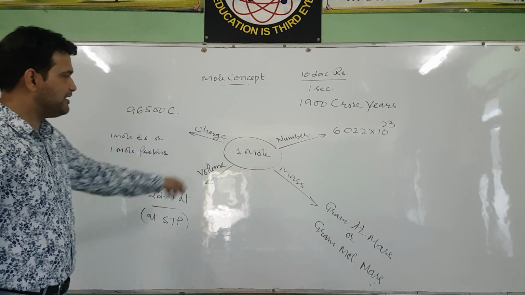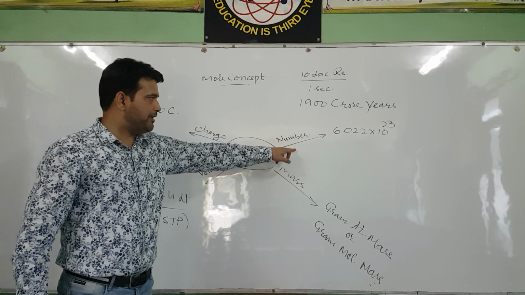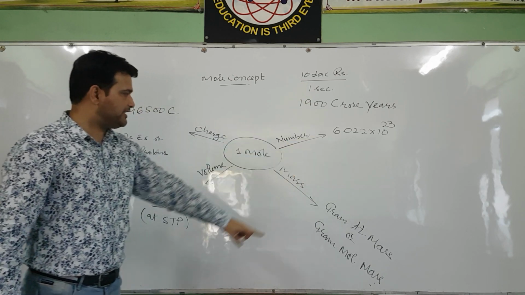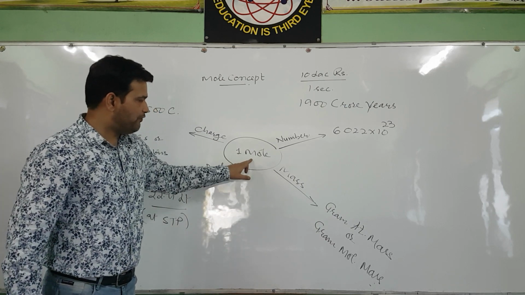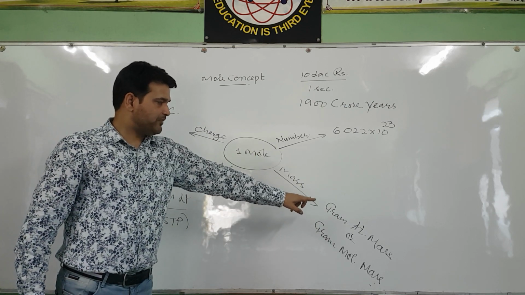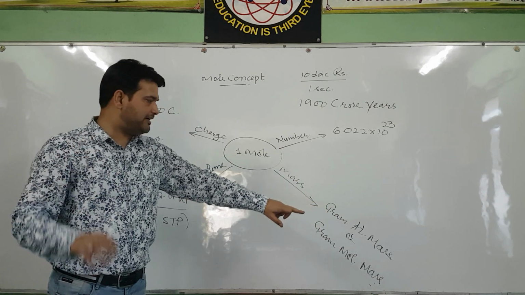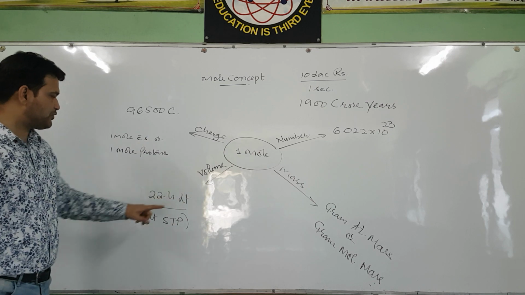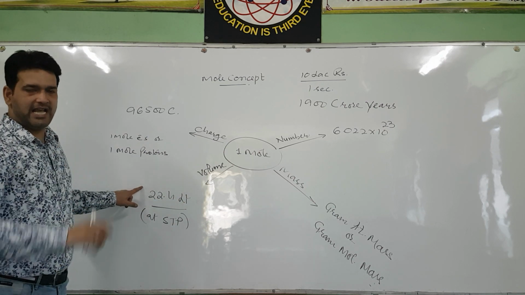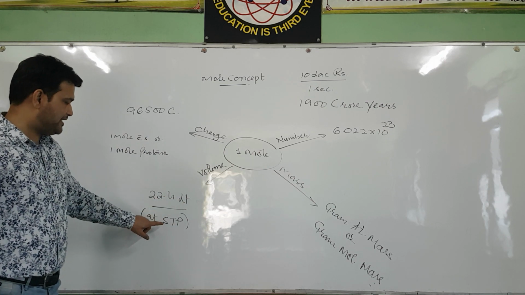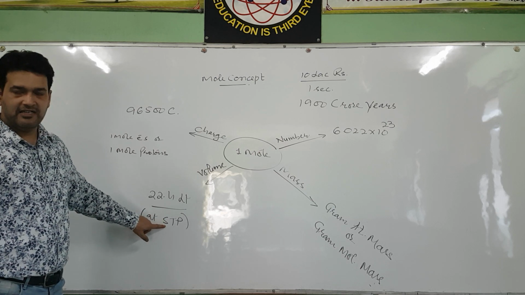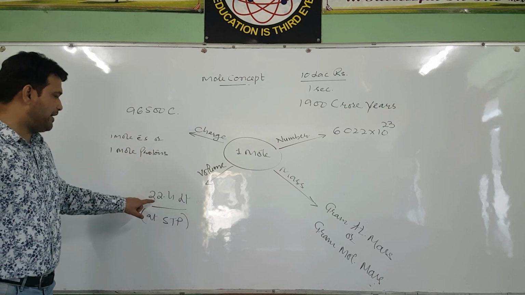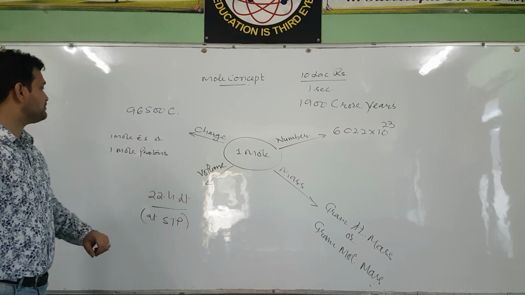This is the conclusion. Mole in numbers is equal to 6.022 into 10 raised to the power 23. In terms of mass, 1 mole is expressed as gram atomic mass of any element or gram molecular mass of any molecule. In terms of volume, at standard temperature and pressure, every gas will occupy 22.4 liter.